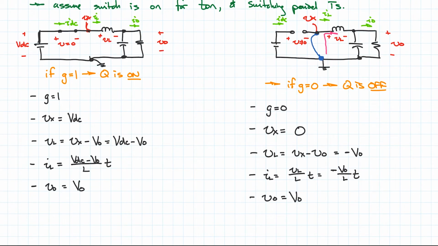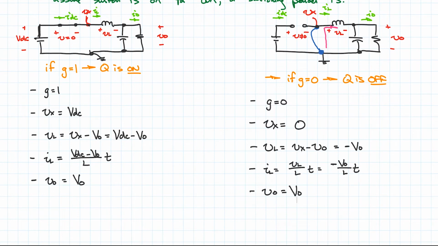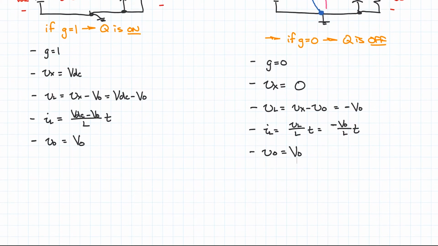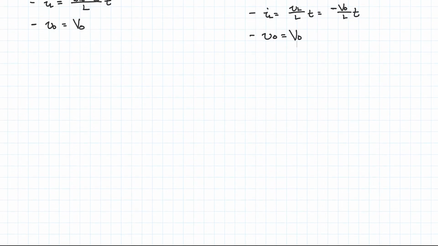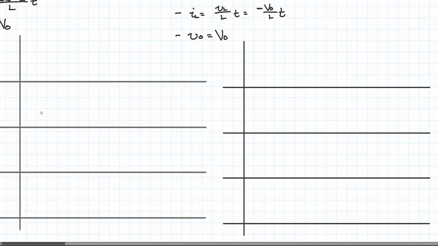So now we're going to plot this, and then after we plot it, we want to take a look at something we call the conversion ratios, which is a very important quantity in any converter that you have.